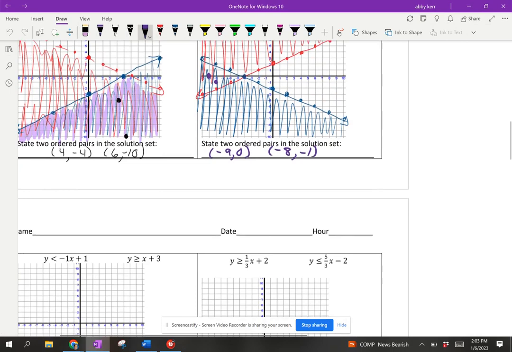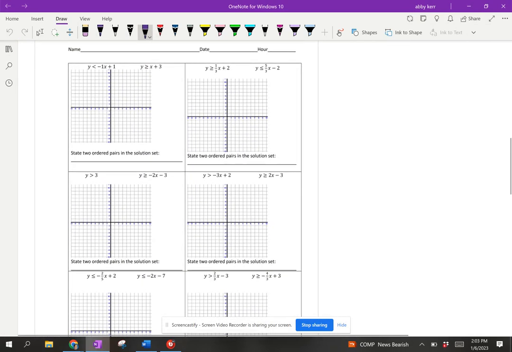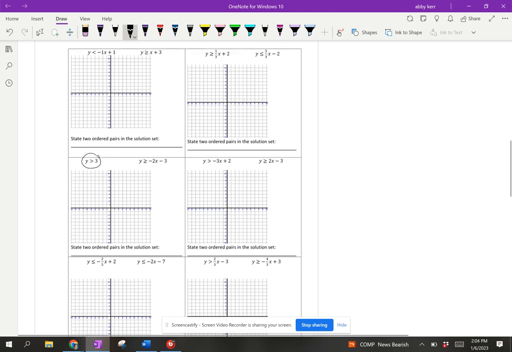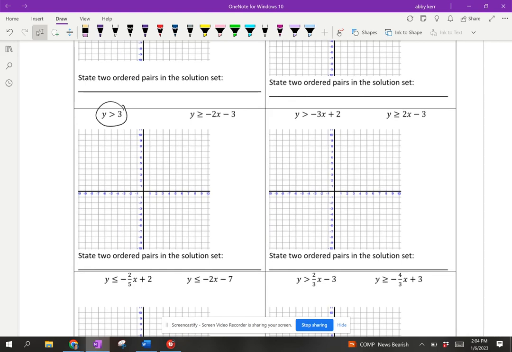All right, so those 4 are guided. The last problems, please work on. Please be mindful of this right here. The third one, when y equals 3, you go to 3 and you just draw a horizontal line.